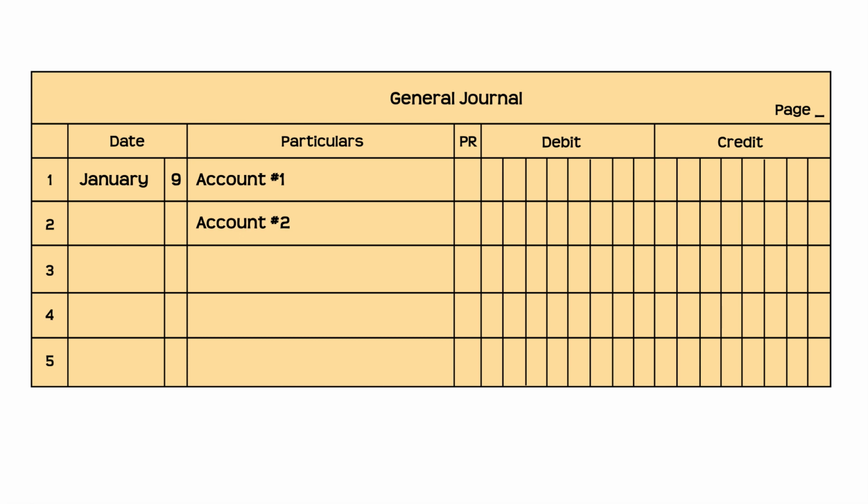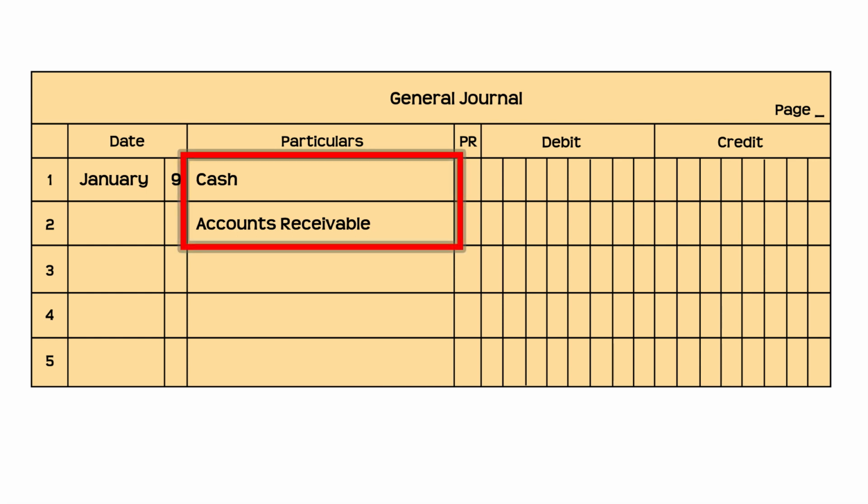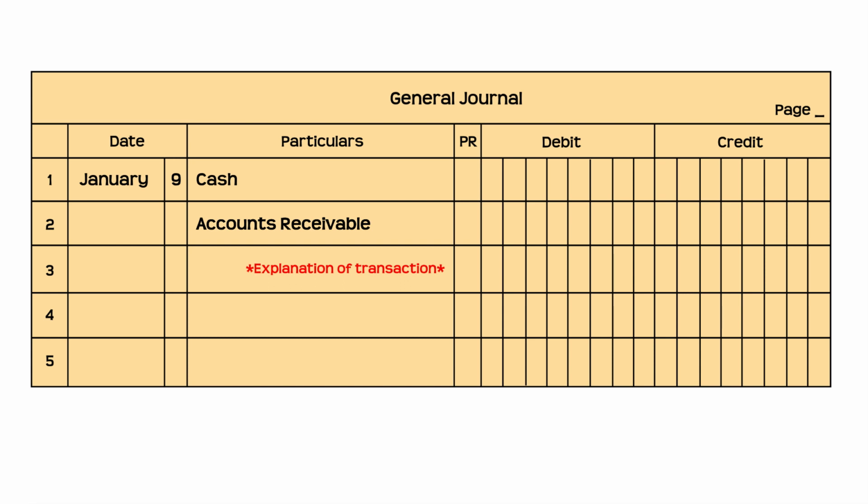A separate row is used for each account title. For example, cash and accounts receivable must be in a separate row. After all account titles have been posted for each transaction, a brief reason or explanation for the journal entry is written on the next row.